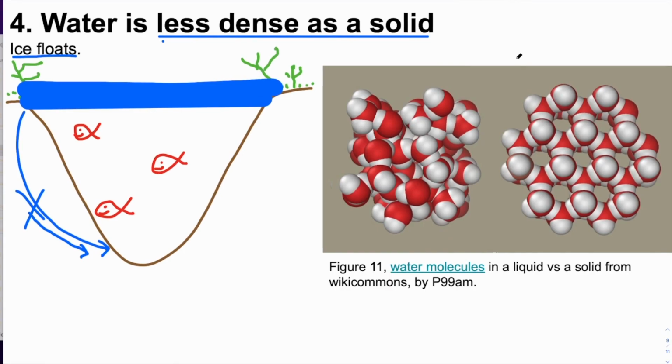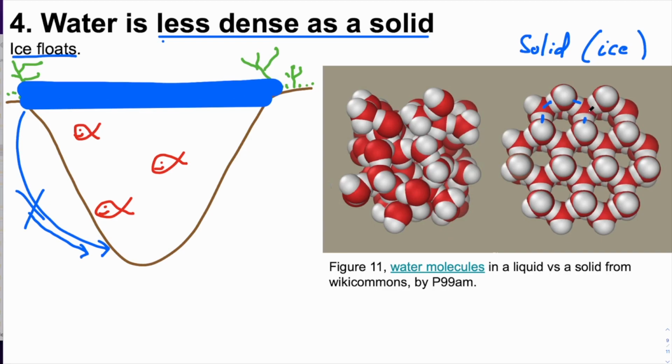The illustration at right shows why ice floats, or why water is more dense as a liquid. Let's start on the right-hand side of the picture, which shows ice in its solid form. In the solid form, water forms a regular crystal lattice, and the hydrogen bonds between the molecules in this lattice hold them at a distance from one another.